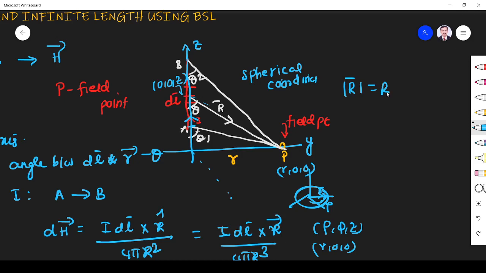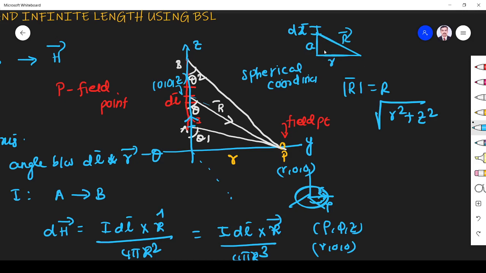So we can say R is equal to root of r squared plus z squared. Simply you take this triangle. Here it is R, this length is r, this length is z.